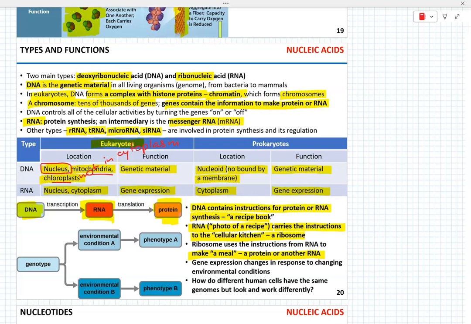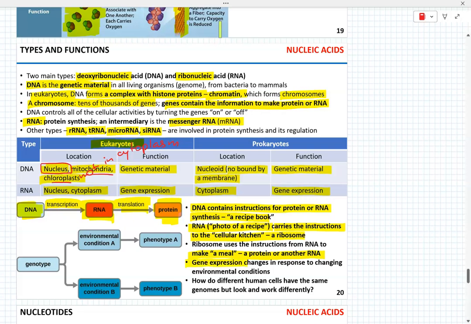Genes have to be expressed. When DNA is used to synthesize RNA, we call this process transcription. In our analogy, it's the process of taking a photo of a recipe. When RNA is used as the instructions for protein synthesis, for the meal preparation, we call it translation. So translation is essentially preparing the meal. This process is called gene expression.